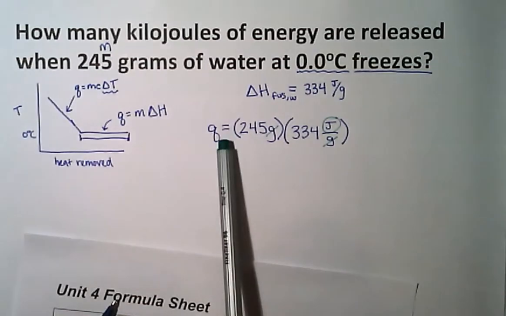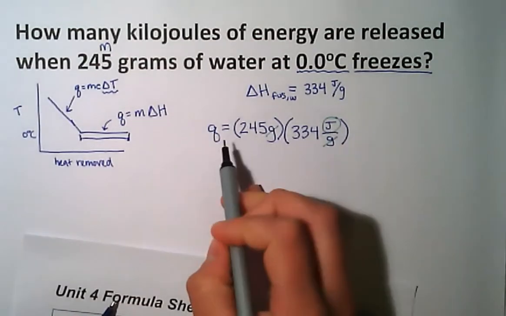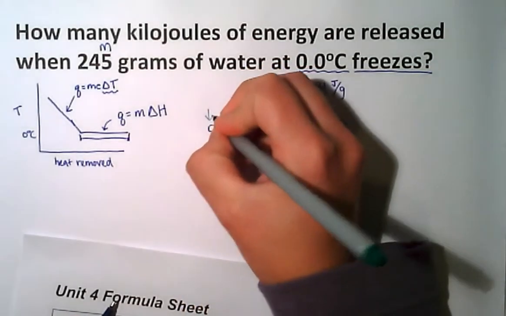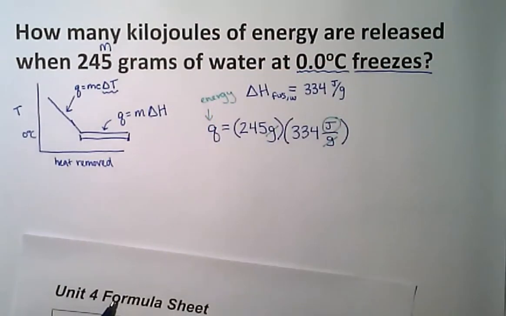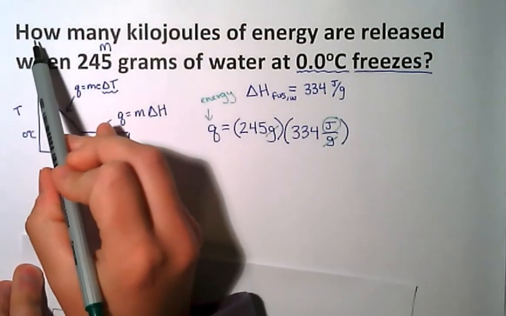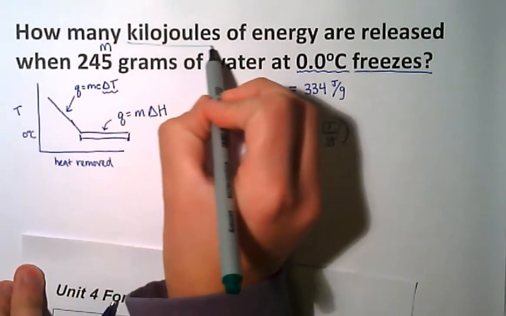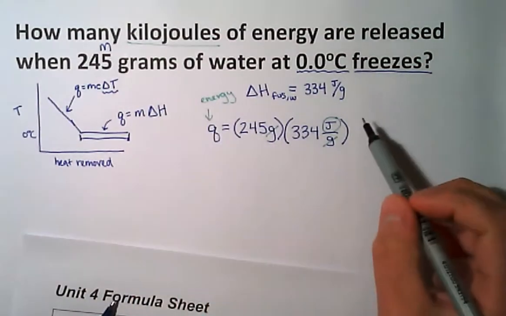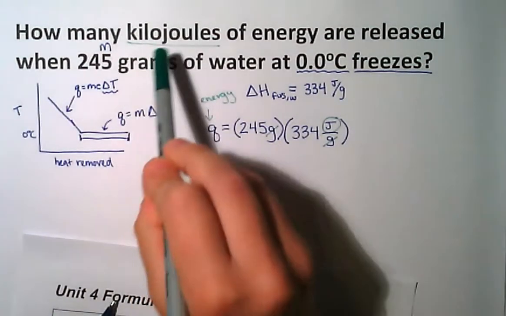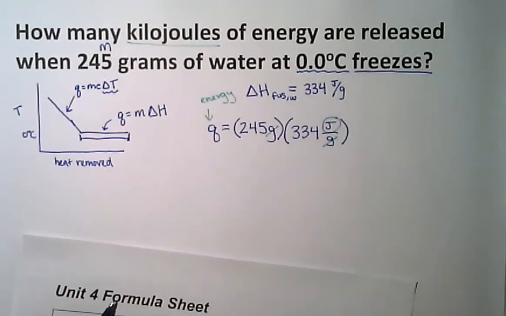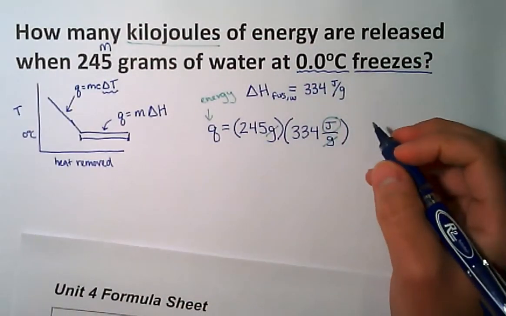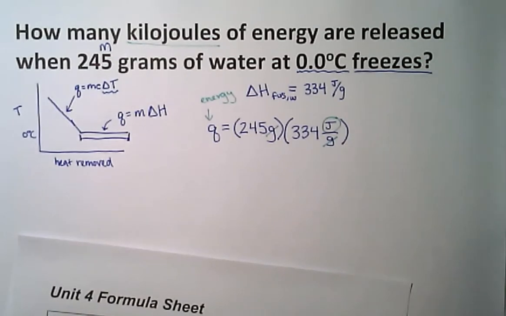Now that does make sense, because Q is, of course, energy, and joule is a unit of energy. But looking back at the problem, it says how many kilojoules. So we don't want our final answer to be in joules, we want it to be in kilojoules. So once we find this answer, it will be in joules, and we're going to have to use some dimensional analysis to convert it to kilojoules.